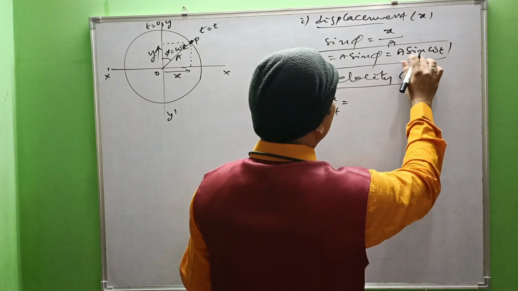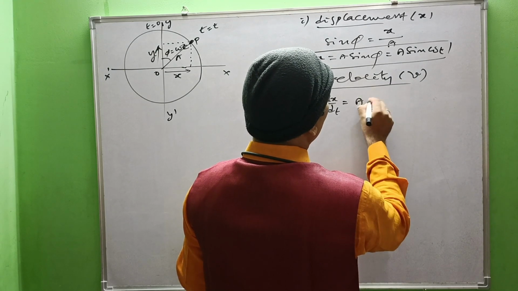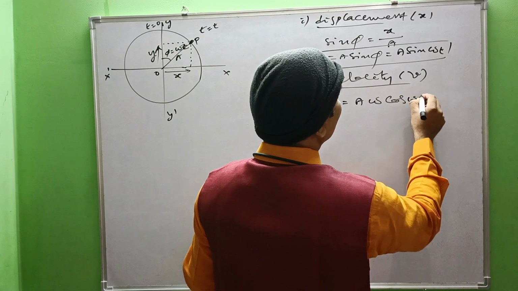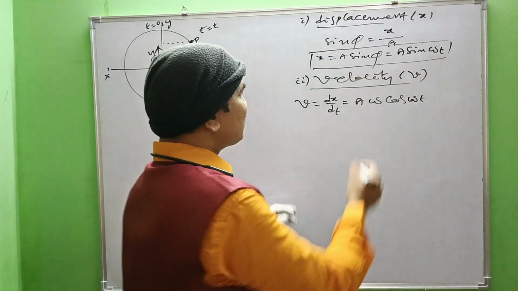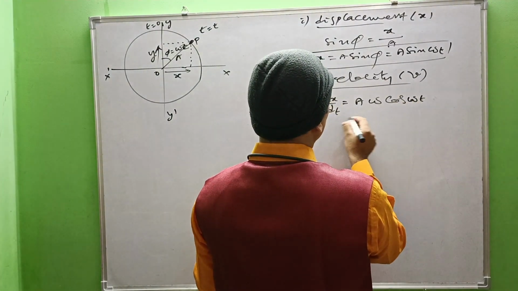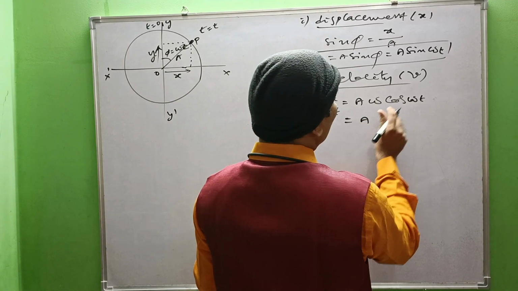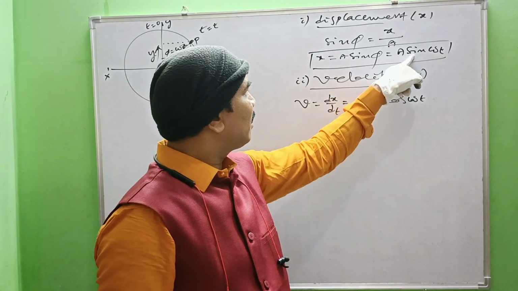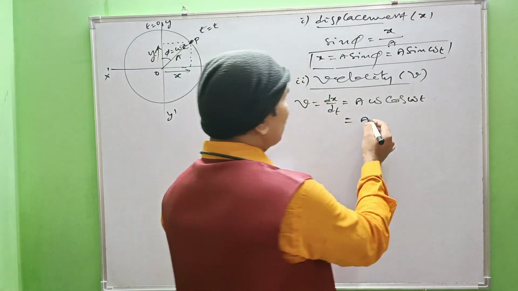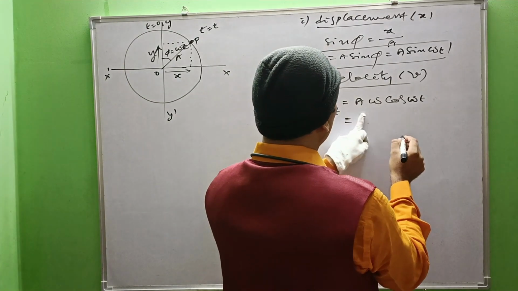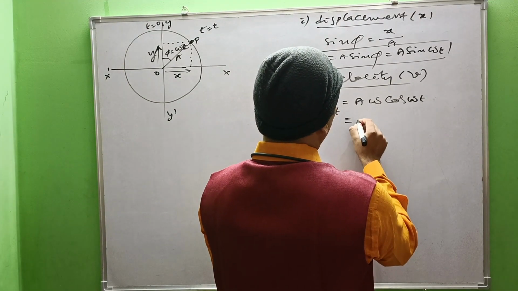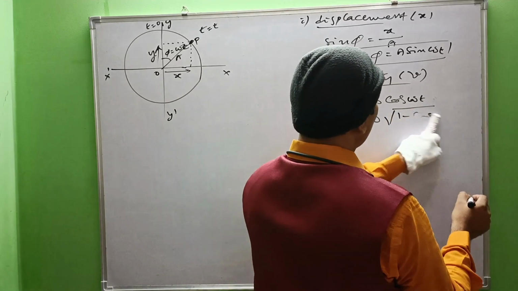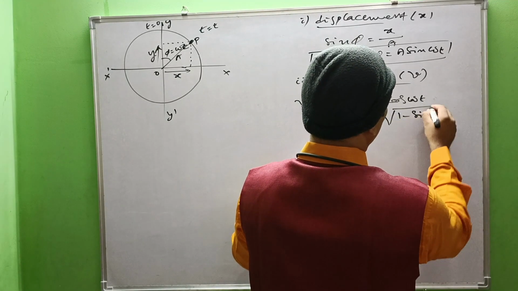On differentiating this expression, we get a omega cos omega t, right? On extending, cos omega t means root over 1 minus sin square omega t. Sin omega t means what here? x by a. So it is equivalent to a omega into root over 1 minus sin square omega t.